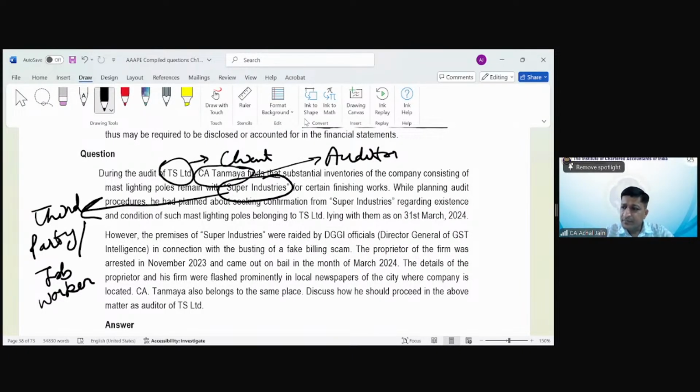Since the auditor belongs to the same place, she can visit the third party's office or the third party's client directly, count and inspect the stock, and get confirmation of whether it exists or not. So my views are this. So you're saying the auditor will go and physically verify? Yes, sir.